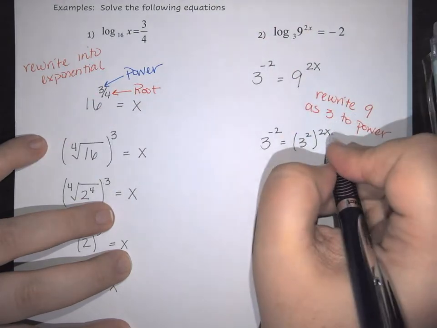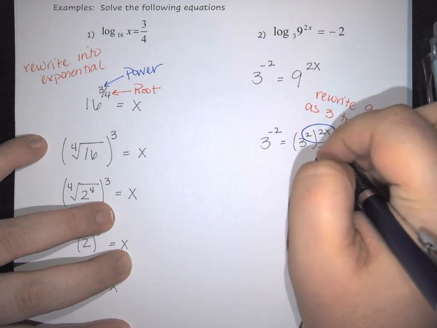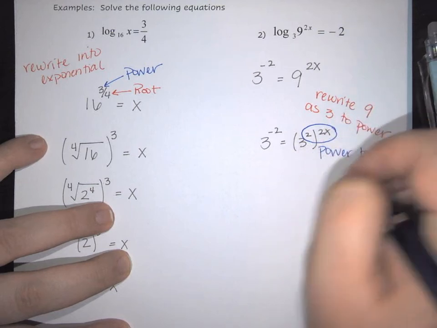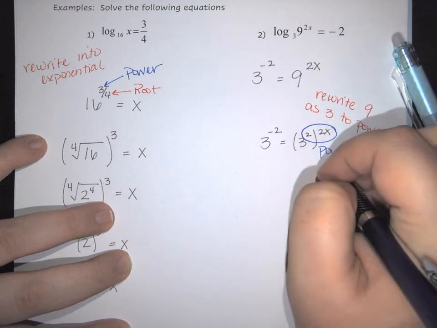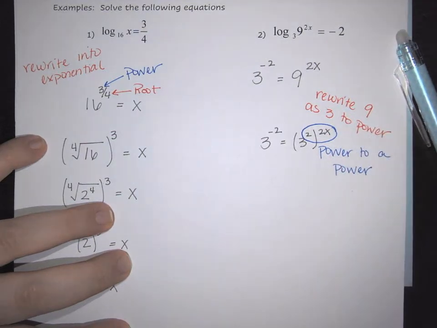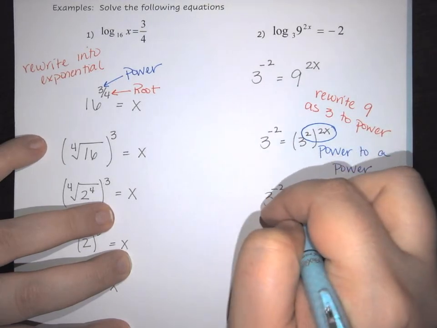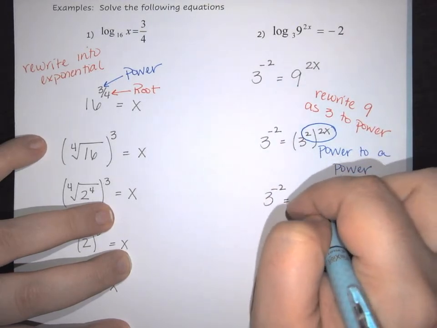Now the other thing that we have right here is a power to a power. So here we have 3 to the negative 2 is equal to 3 to the 4x.